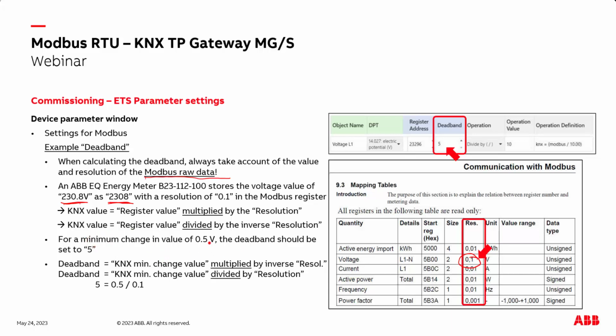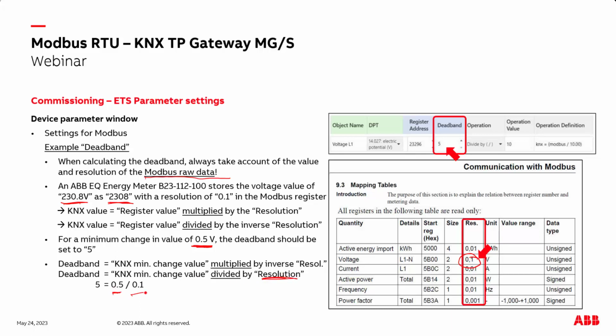For example, we want a telegram to be sent on KNX if the voltage changes by 0.5 volt. Then we have to define a deadband, which is calculated like this: our KNX minimum change value, 0.5, divided by the resolution.